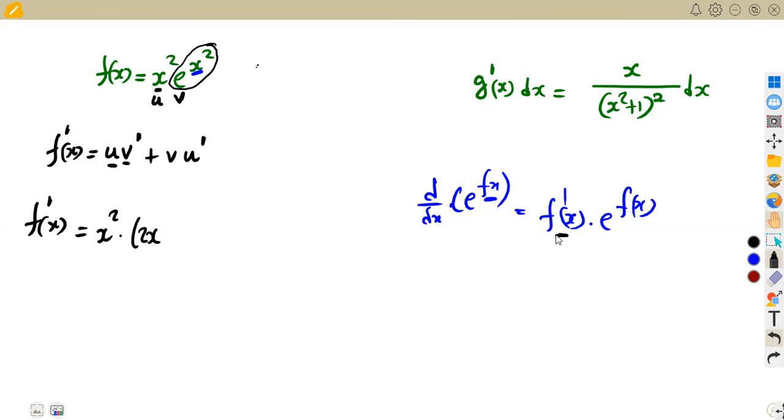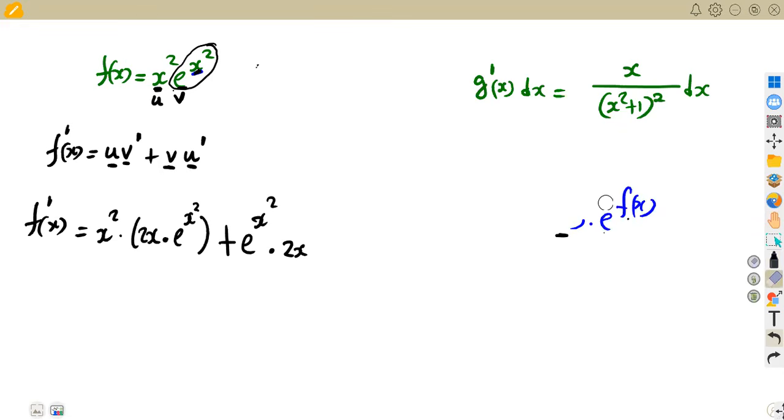All right, times e to the exponent of x squared, meaning e is going to remain as it is. Plus v, which we just write as it is, e to the exponent of x squared, times the first derivative of u, which is x squared. Remember, here you just drop the exponent, so it's going to be 2x. We subtract 1, so that will be 2x. So that is what you needed in this case.